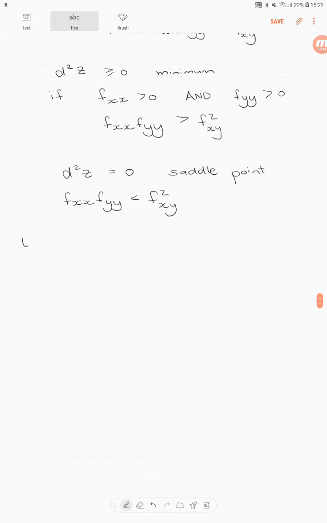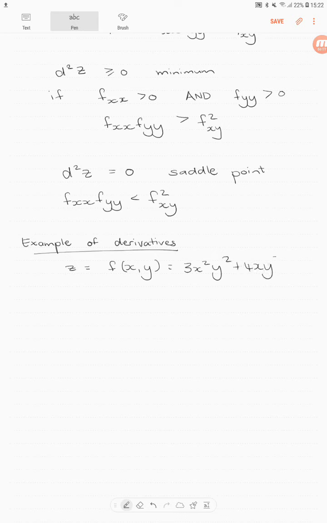So let's do an example just of the derivatives. Say we have the function z is a function of x and y, and it's equal to 3x squared y squared plus 4xy cubed plus 7.